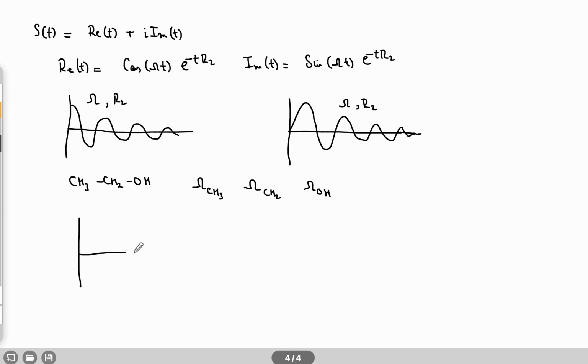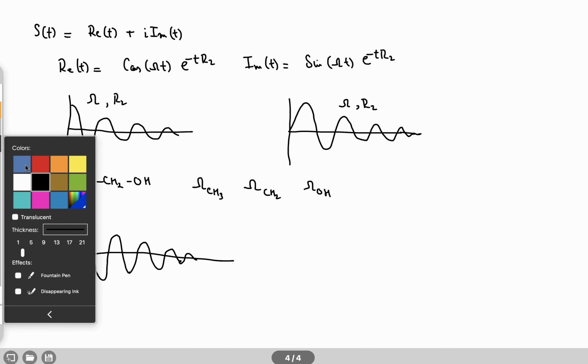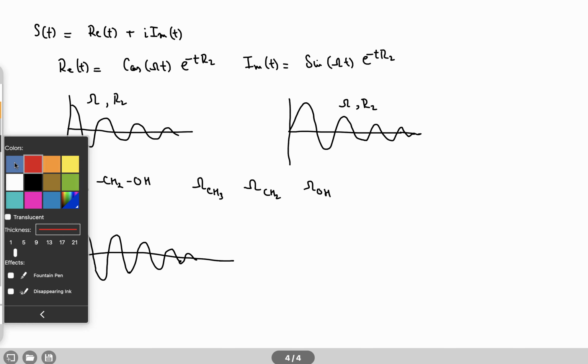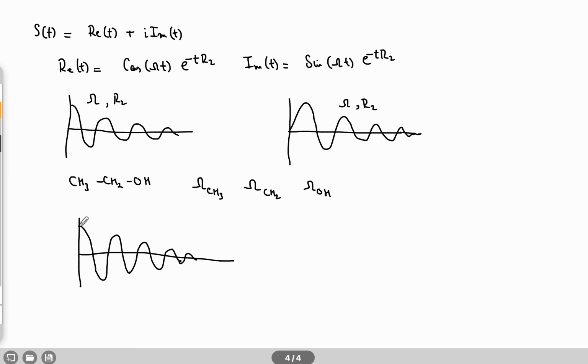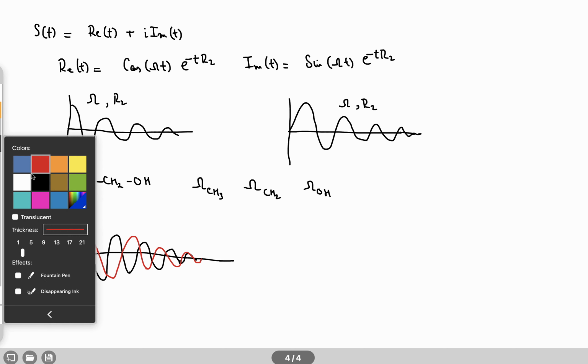So your signal looks something like this, let's say, the first frequency, then you have, let's say, the other frequency going like this, and then you have a third frequency, let's say, which is going like this.